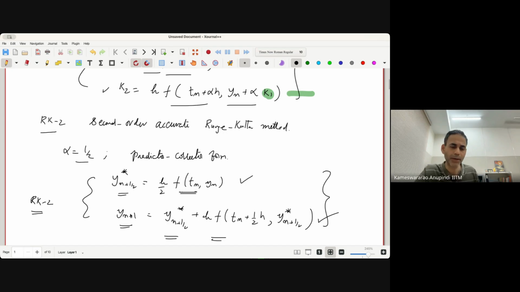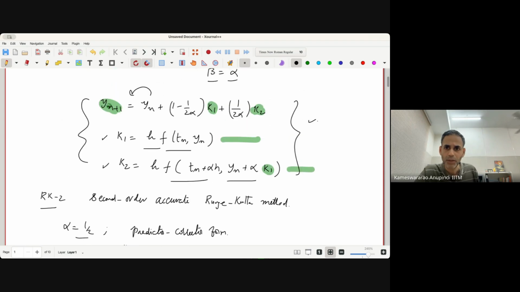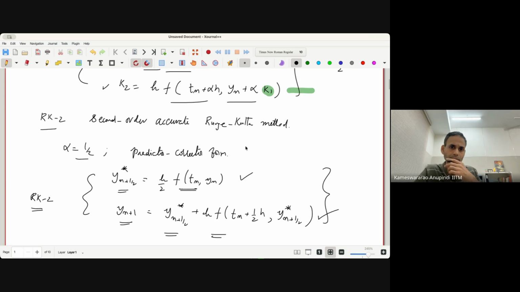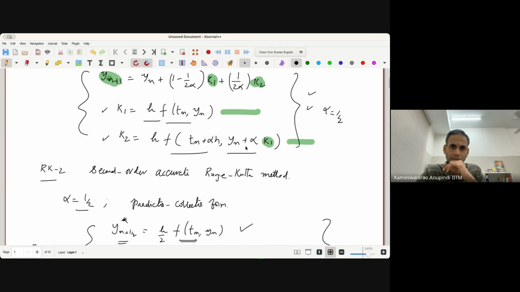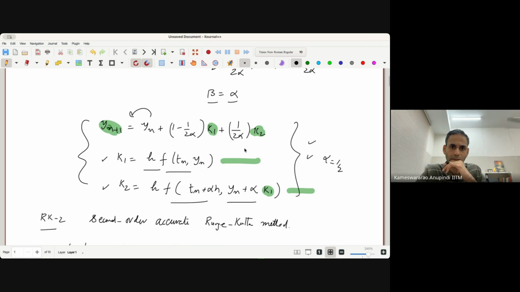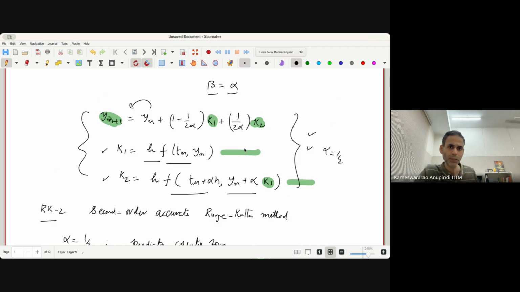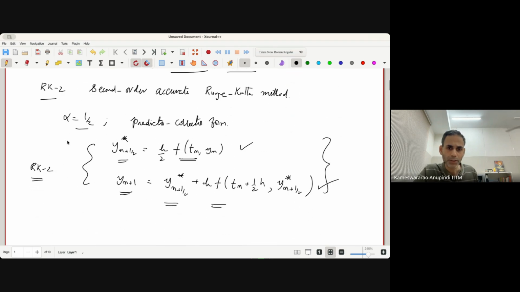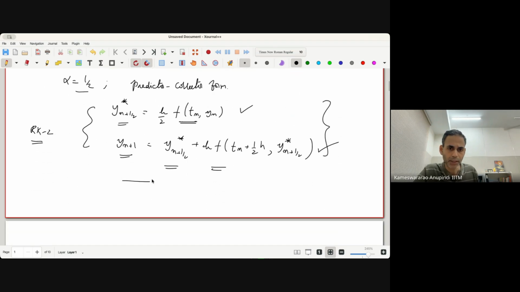That is how it is interpreted in a different way, but the equations are exactly the same if you substitute alpha equals 1 by 2. I am anyway going to go back and work with different values of alpha a little later. So that is the second order accurate RK2 method.